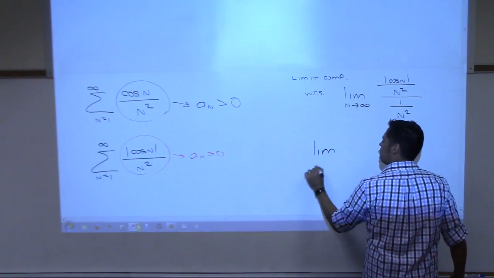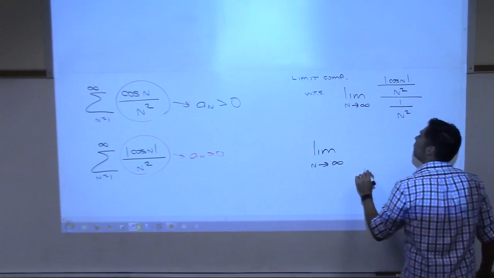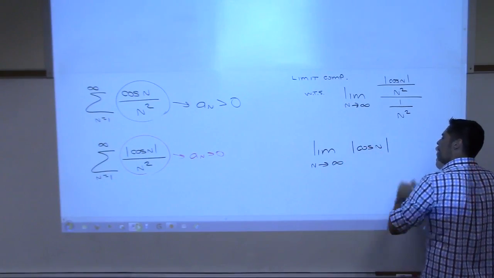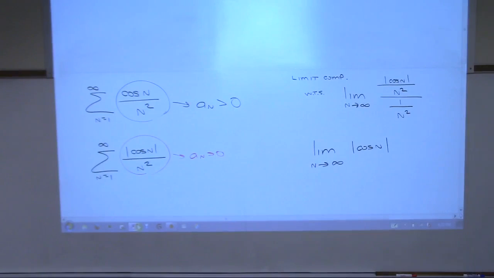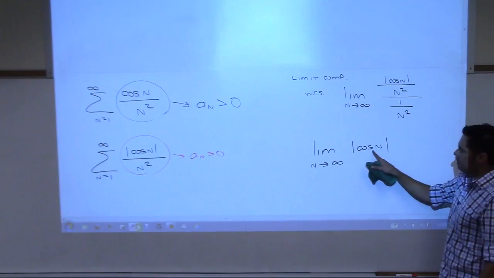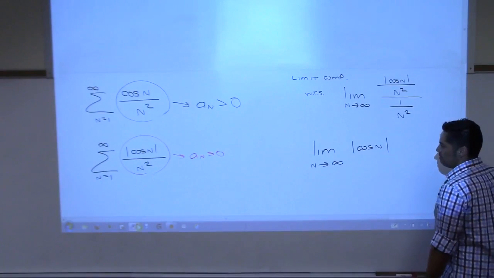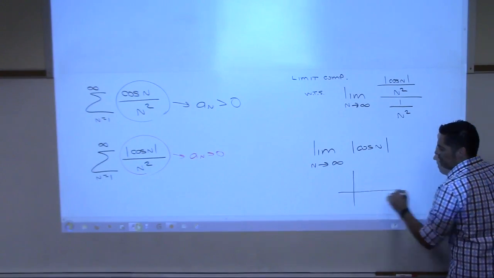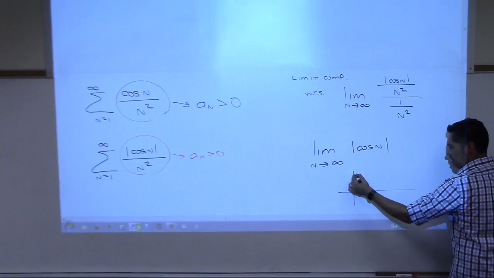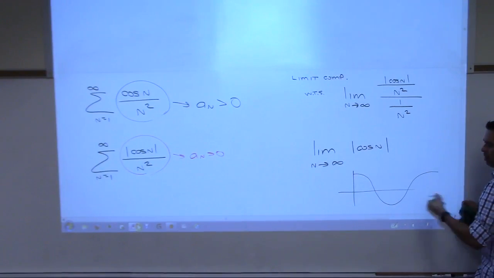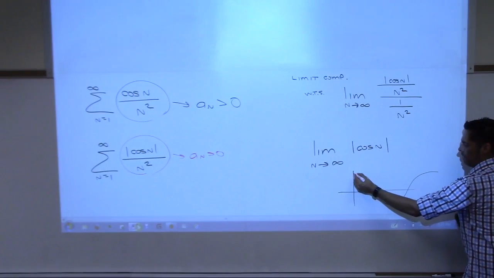The limit as n goes to infinity of just the absolute value of cosine n. Does that approach a positive constant? N is moving, right? Look, cosine n looks like this. The absolute value of cosine n just makes all your negative parts positive. So it goes like this.